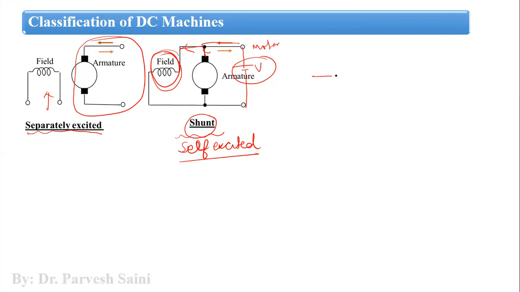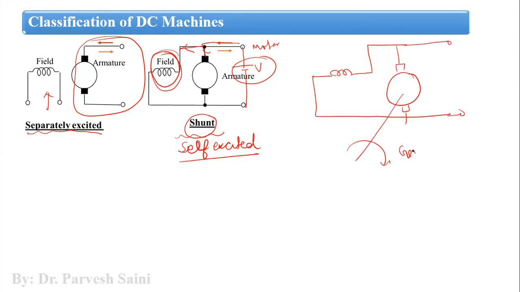For example, if it is a generator, then we have a different approach like this. So this is a generator. These are the brushes, this is the armature, and it will generate some EMF.